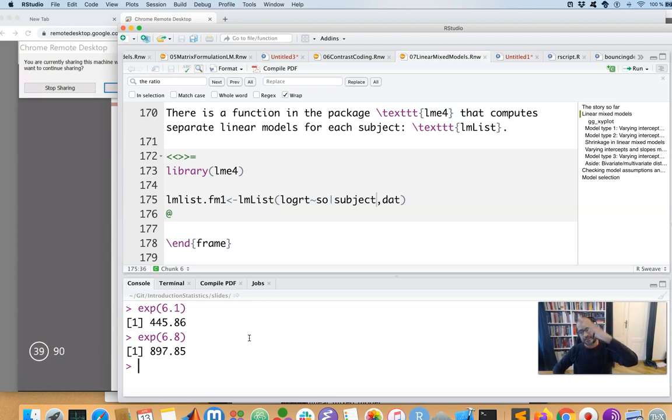Because in both cases, the full data set and with the half deleted data points, the estimate of the slope of subject 37 is being shrunk towards the grand mean. So the linear mixed model is unaffected by the fact that some of the data are missing from subject 37. By comparison, look at what happens with the lmList function when you have the original data, the solid black line, versus the deleted data, the thin black line.